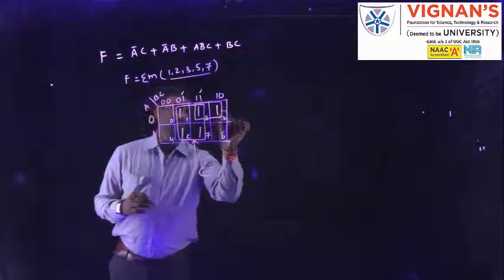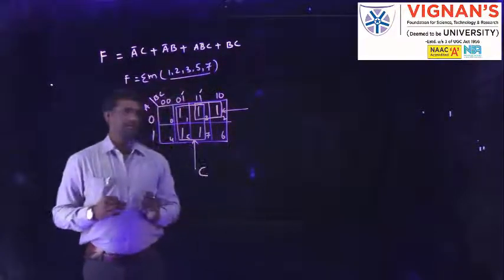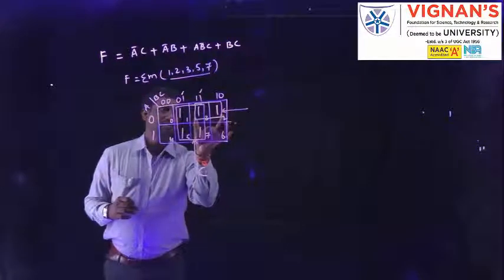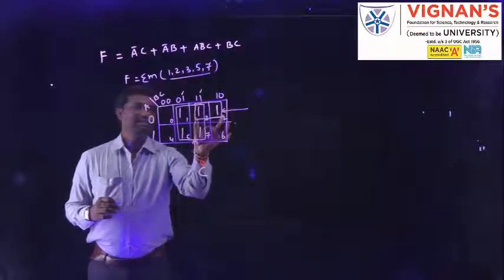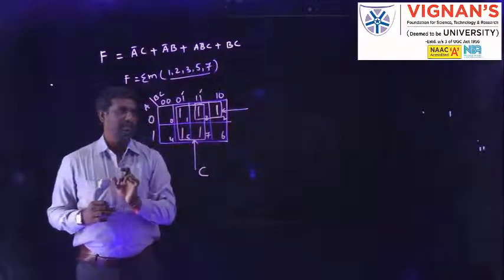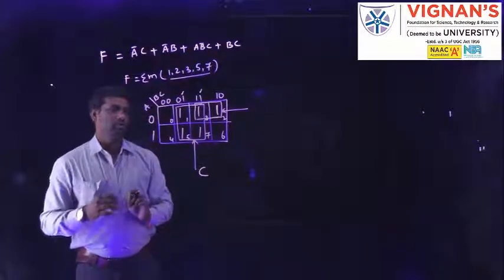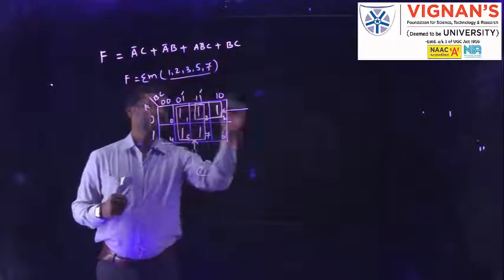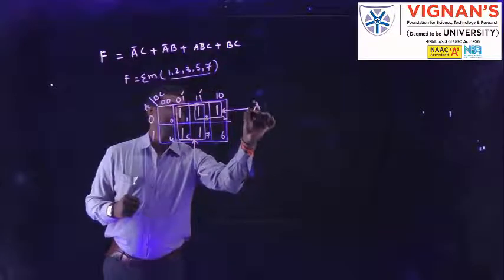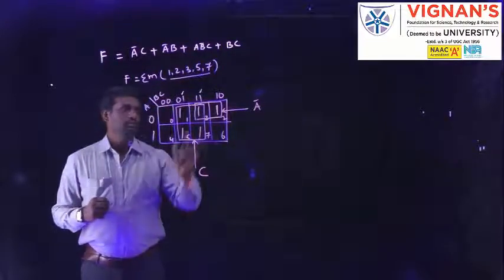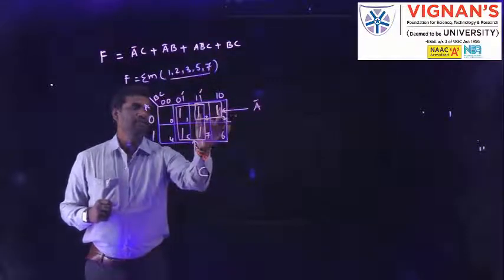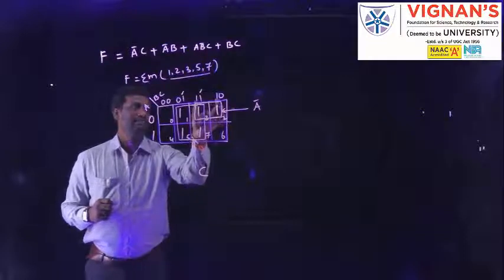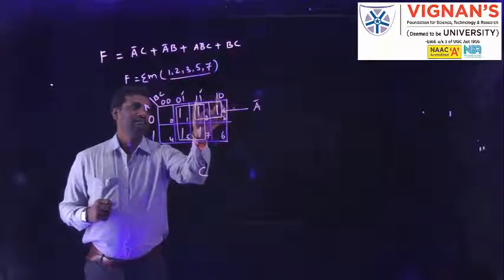So for the corresponding expression, because these two grouped cells are present in the same column, the variable is the same. The column value is 0, so its equivalent variable is A bar. Coming to row-wise, the common variable is B because the first digit is common in both the rows.